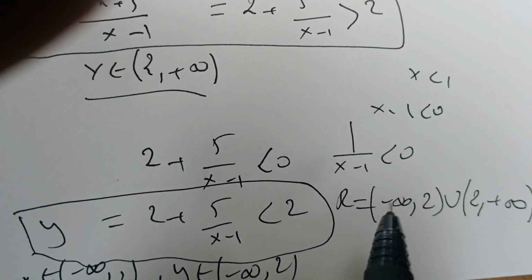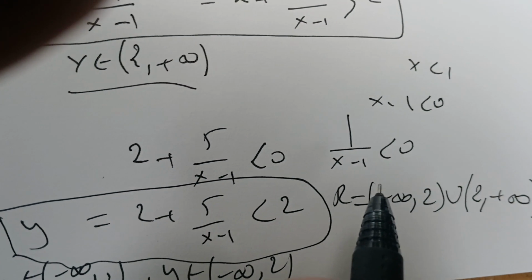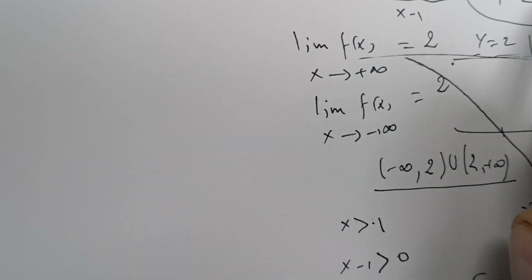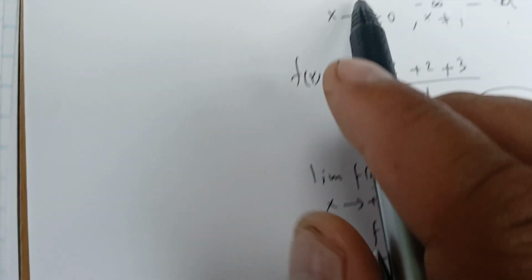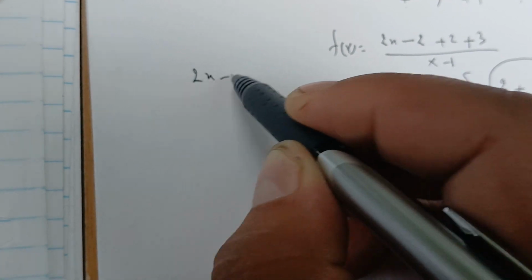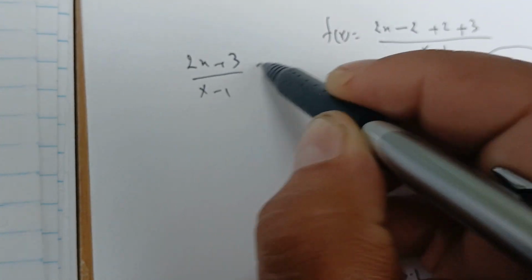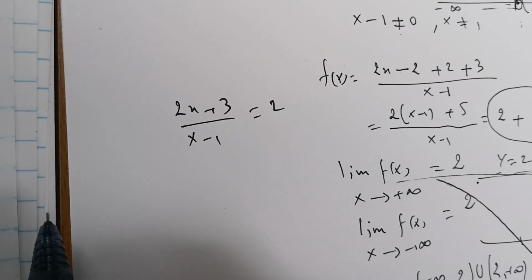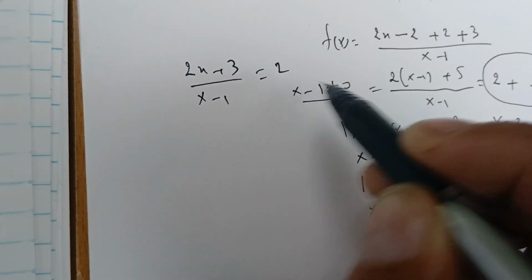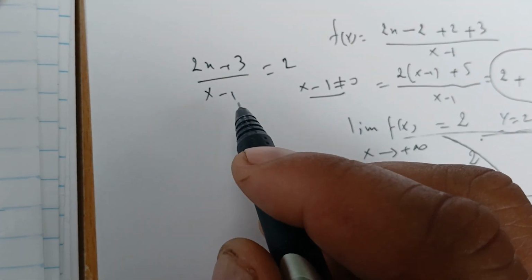Why is it not equal to 2? Because the limit, we get close to 2, but we never touch 2. Assume now that we reach 2. That means (2x plus 3) over (x minus 1) equals 2. Since x minus 1 is different from 0, let's multiply by x minus 1.